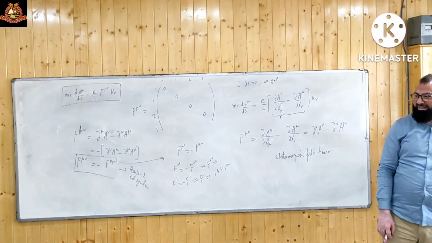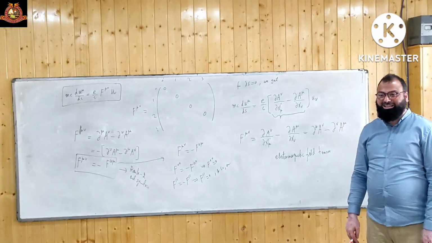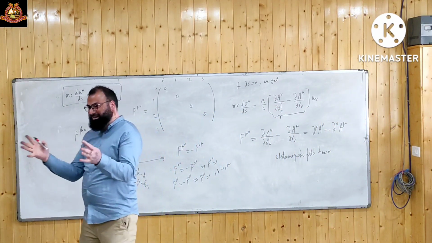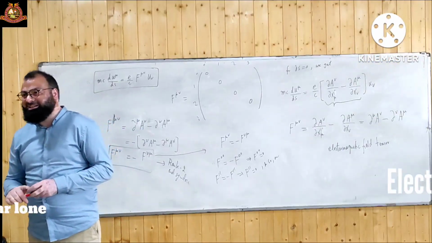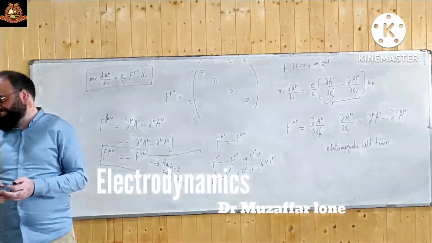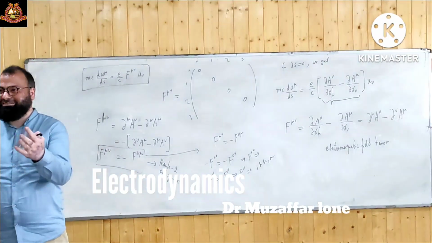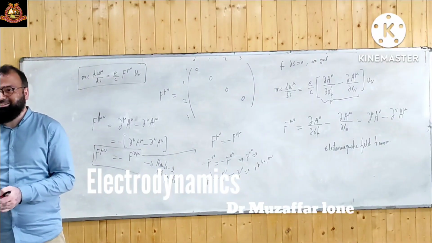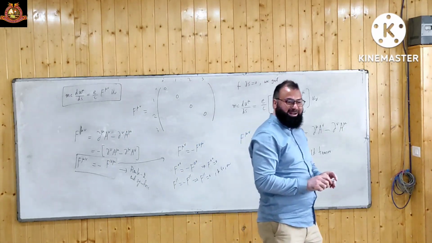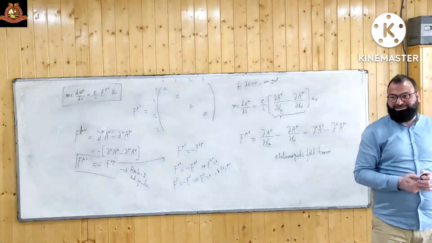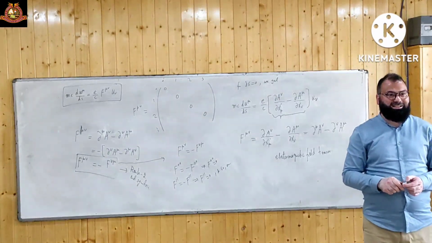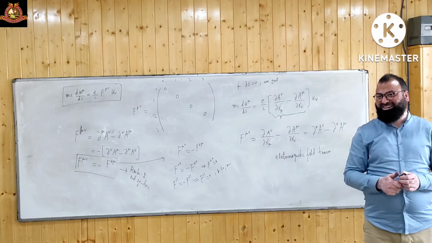Now tell me how many independent elements it will have. You have a 4 by 4 real matrix. How many entries are there? 16 terms. Now I am saying it is an antisymmetric matrix, so how many independent terms will there be?